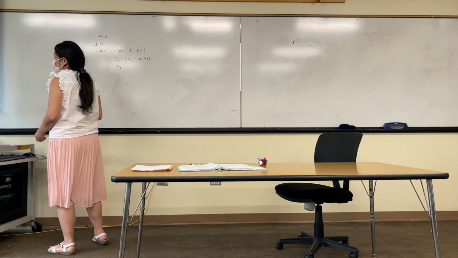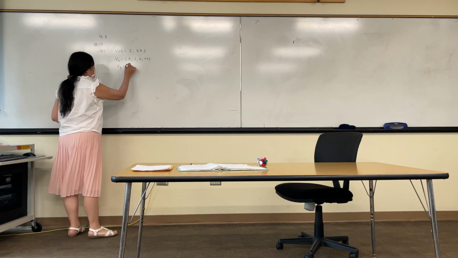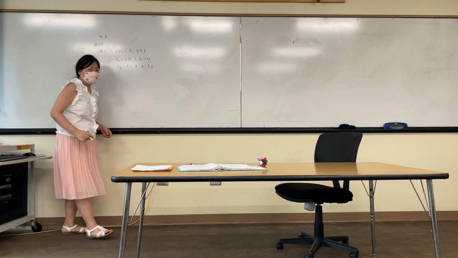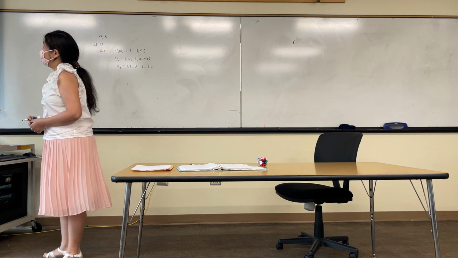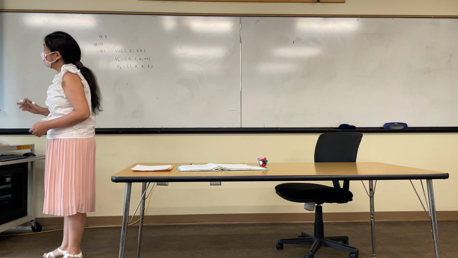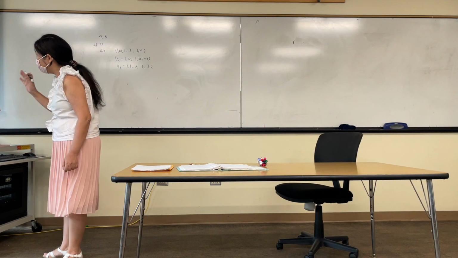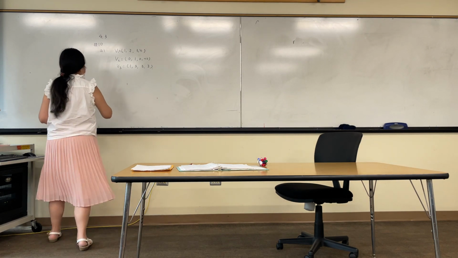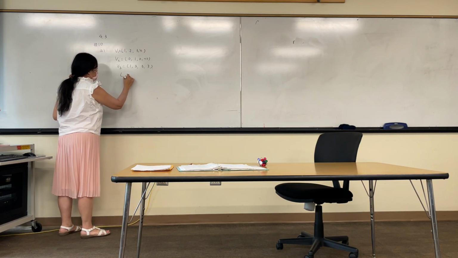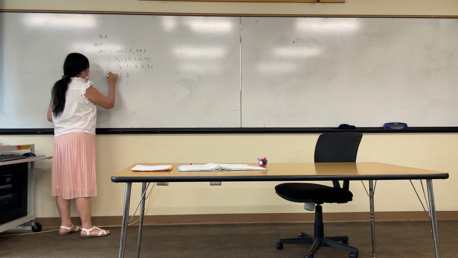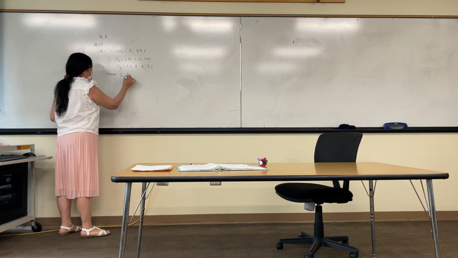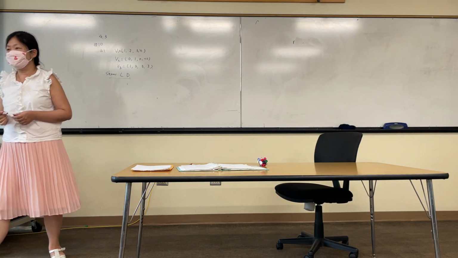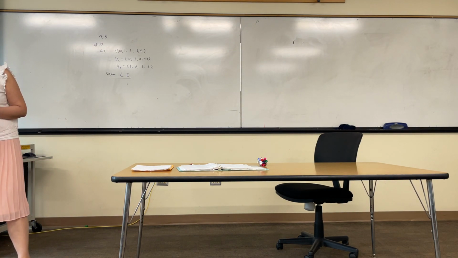V3 equals 1, 3, 3, 3. Here are the vectors. They said that they form a linearly dependent set. They told you it's going to be dependent, and they want you to show it, like a kind of proof.